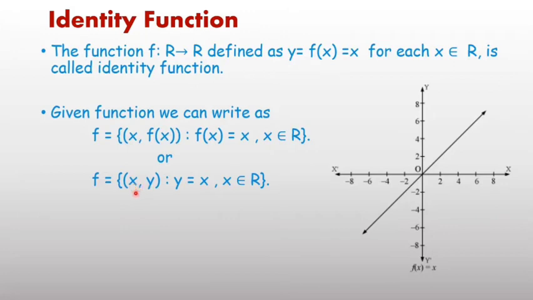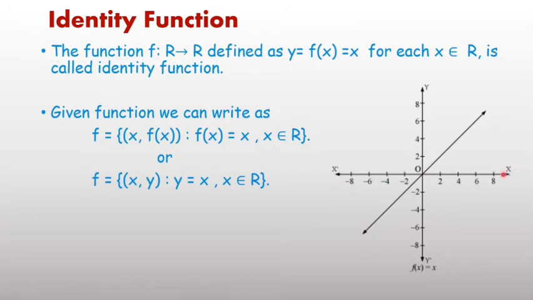x equals minus 1, y equals minus 1. Plot all the points, you will get a graph like this. It is a line which you have covered in class 10th. y equals x represents a straight line. And now domain. Using the graph also you can find domain.